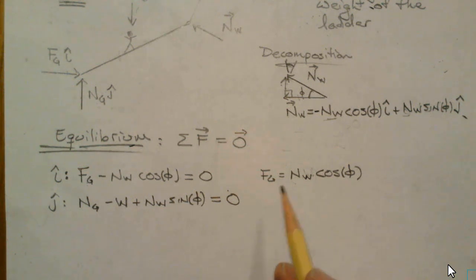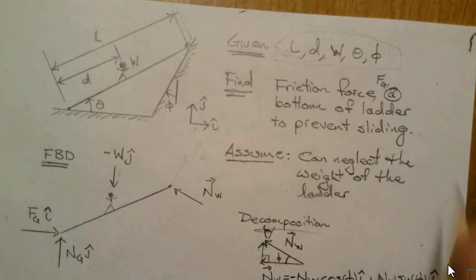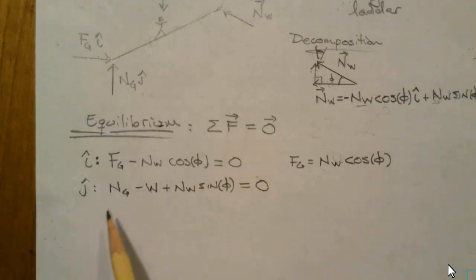So look at the next equation. It has an NW in there. But notice it also has an NG. So this NW equation, the second equation right here, has NW. It has a sine phi. Phi is known. W is known. It's on my list right here. There's phi. There's W. But NG, the normal force on the ground, is not known.